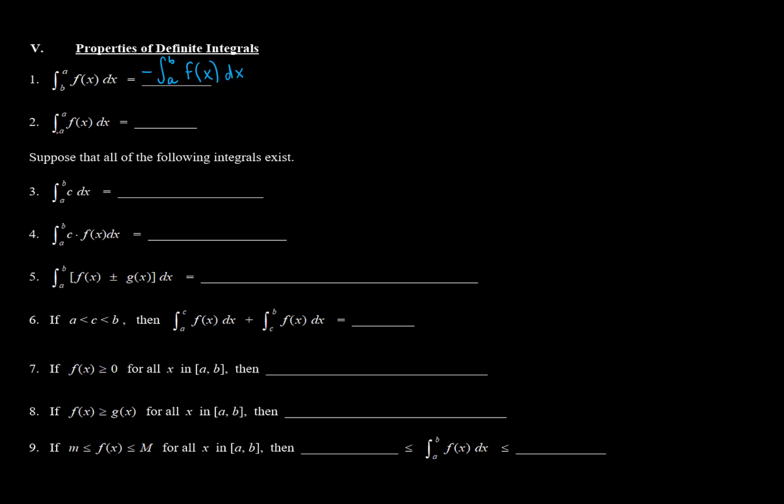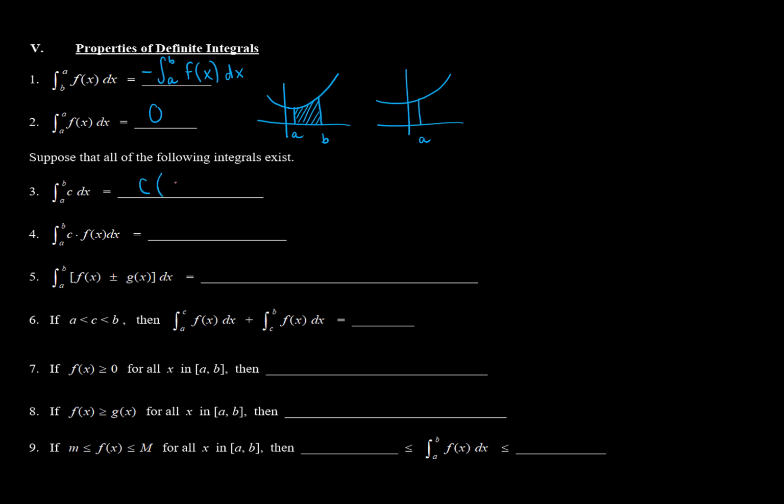And if I do the limit from a to a, that's going to be 0, because remember, these are areas between values, and the values have to be far apart in order to have some type of width. If you're just trying to find the area under the curve at a, that has no width, so that's going to be 0.